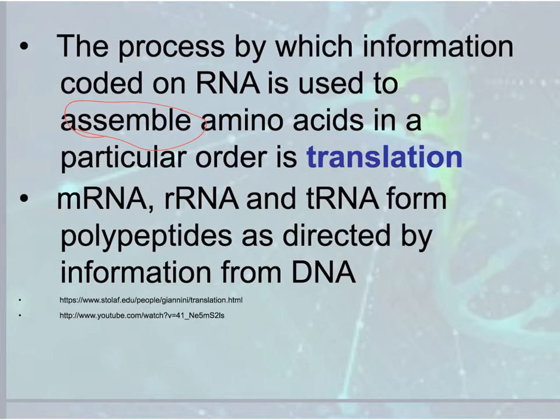So the process by which the information coded on the RNA is used to assemble amino acids in a particular order is translation. Translation is converting the code on the RNA to a sequence of amino acids in my protein.